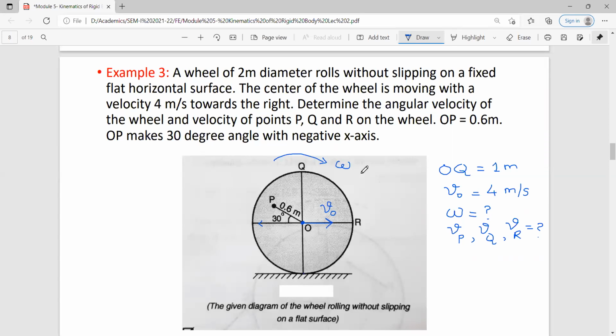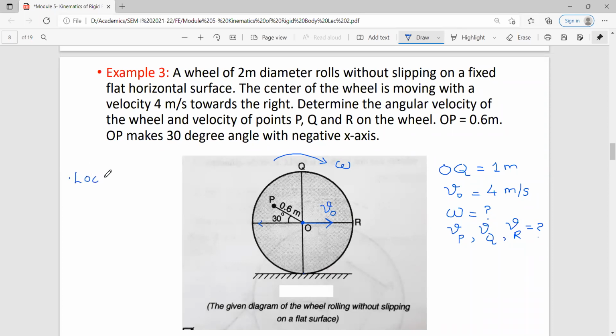Okay, so with this much information, we have to find out these 4 unknown parameters: omega, velocity of point P, that of Q, that of R. In an ICR problem, a very important thing is that you first locate the ICR.